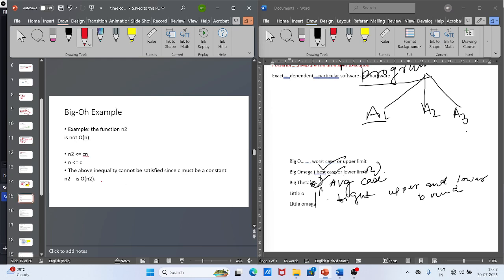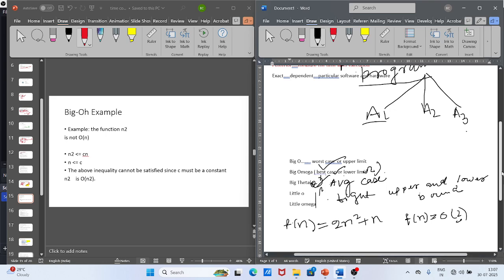Now take one more example. F of n is equal to 2n square plus n. Okay. Now you have to calculate that f of n is equal to order of what?